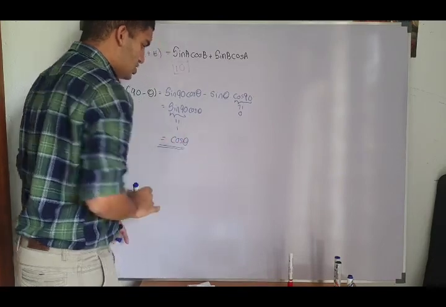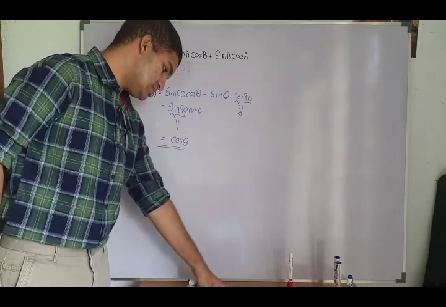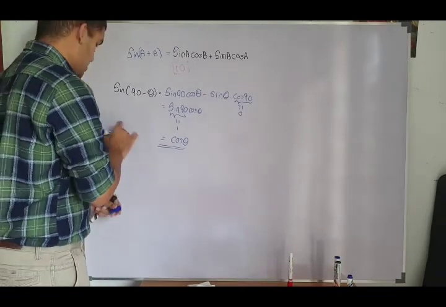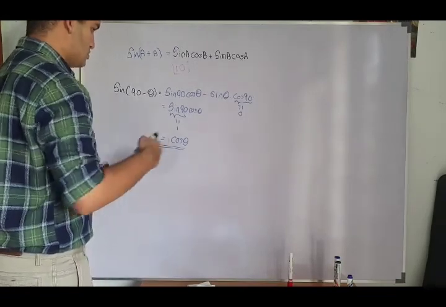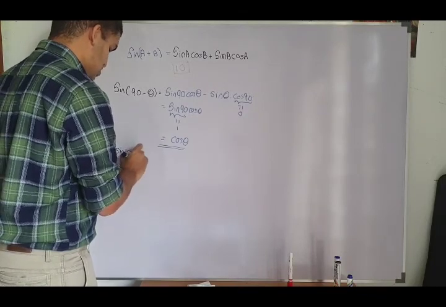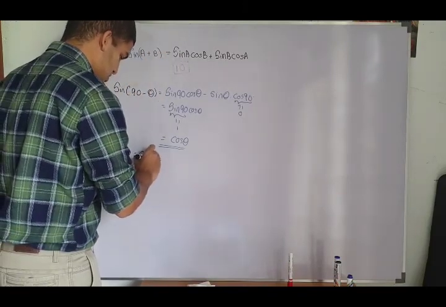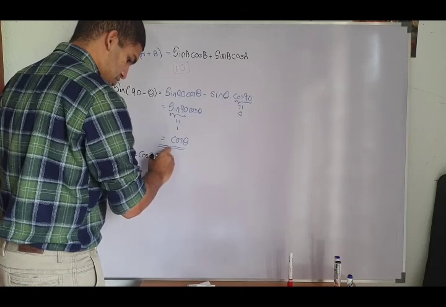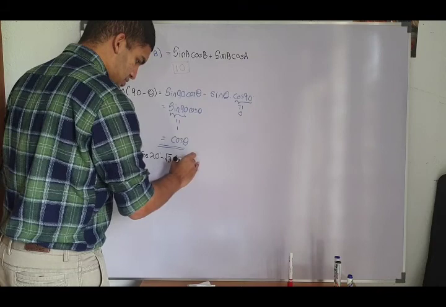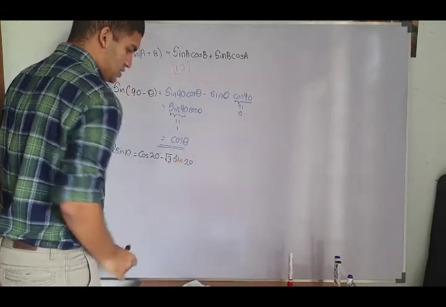Right. So the next question is: 2 sin 10 equals cos 20 minus root 3 sin 20.